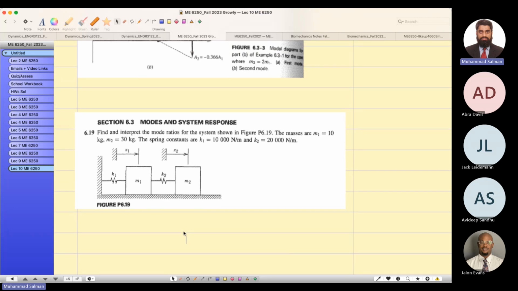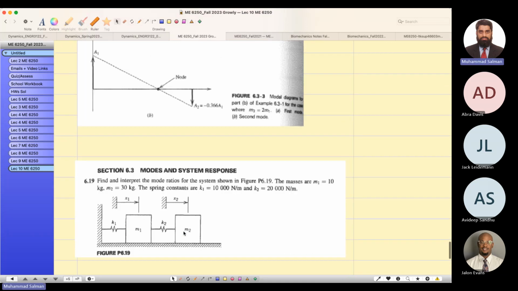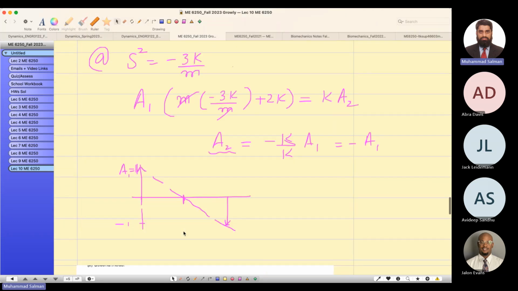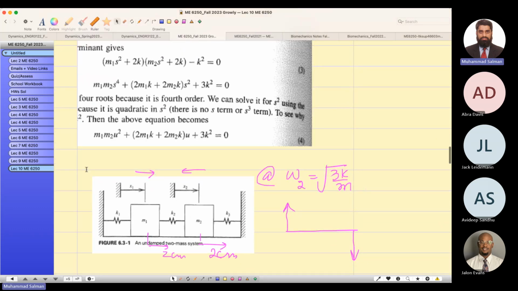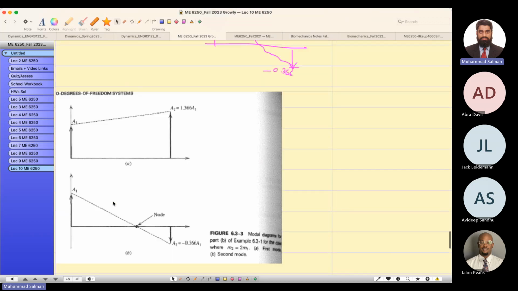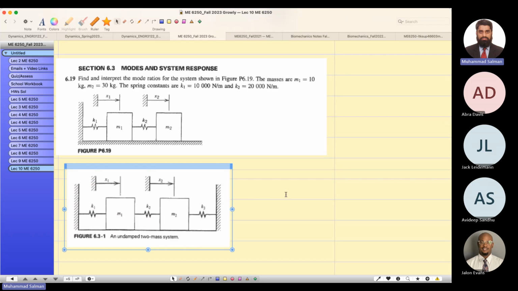Okay, look at this question. Find and interpret the mode ratio. The same mode ratios which we just solved for the other system. What was the first system? Look over here. This system was a little different, but it's not altogether different. The example which we just solved has 3 springs, but the problem which we are given has 2 springs, correct?